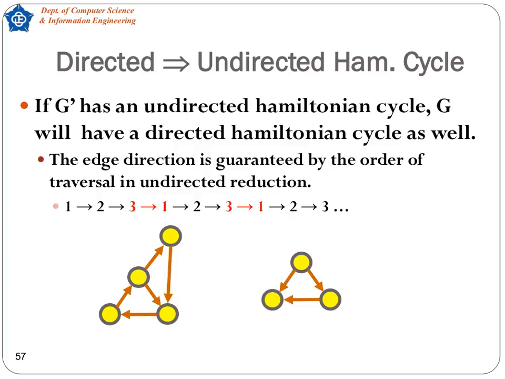The picture on the left illustrates the undirected triangle in G′, and the one on the right shows the resulting directed triangle in G. In this way, any undirected Hamiltonian tour in G′ immediately yields a valid directed Hamiltonian cycle in G.